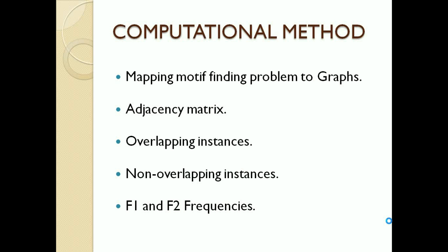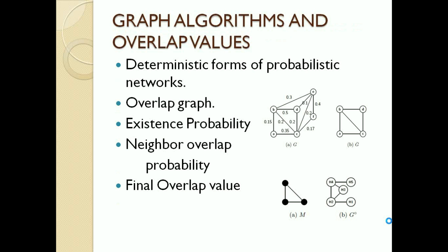That means it only allows node overlap. Hence, F1 covers the overlapping frequencies and F2 covers the non-overlapping frequencies. We have used various graph algorithms to calculate the overlap values for each subgraph or motif. So let's discuss how this is done.